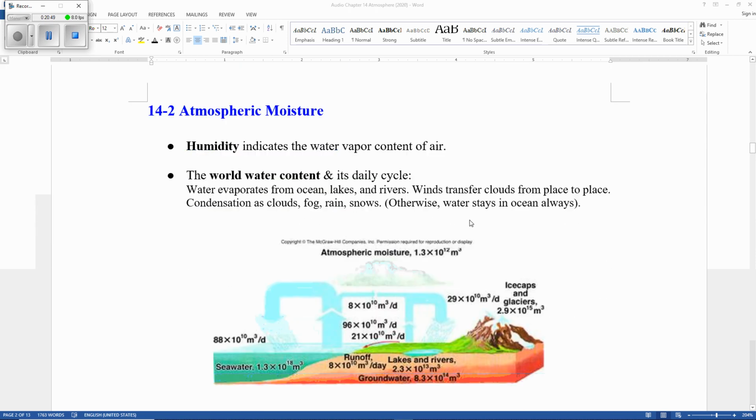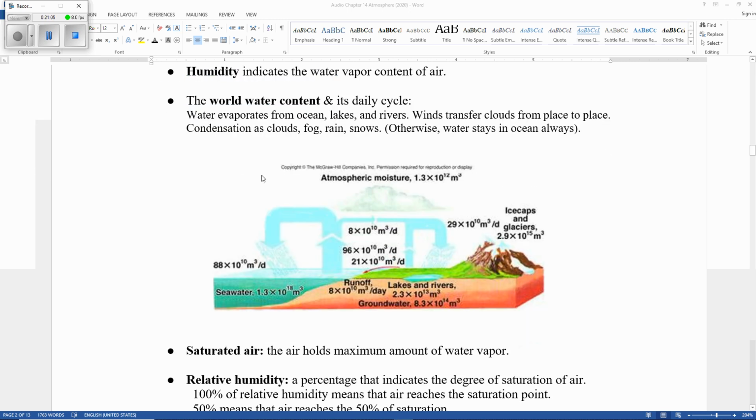So now, next section we discuss the water in the atmosphere, and we discuss humidity, which indicates the water vapor in the air. The whole world is powered by the sun, the solar energy. So a water body, like the ocean, receives solar energy. Then molecules go up, evaporate. Then condensation, you have cloud.